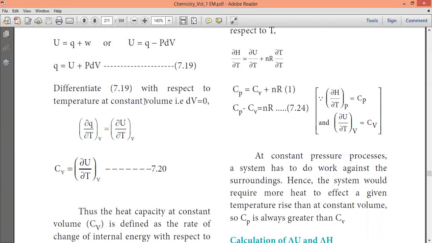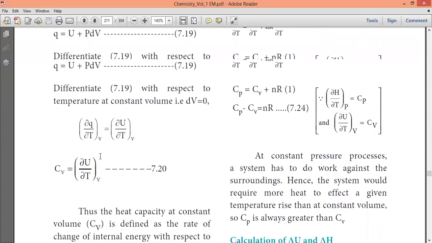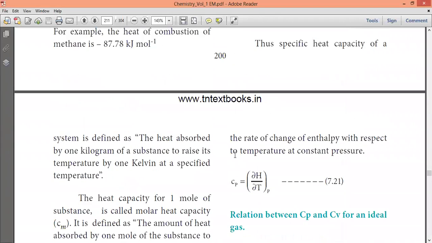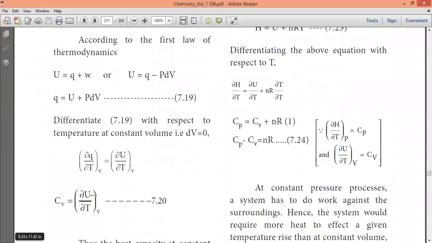After partial differentiation at constant volume, constant pressure, and constant temperature, we get different terms. For example, at constant volume, dou U by dou T at constant volume.